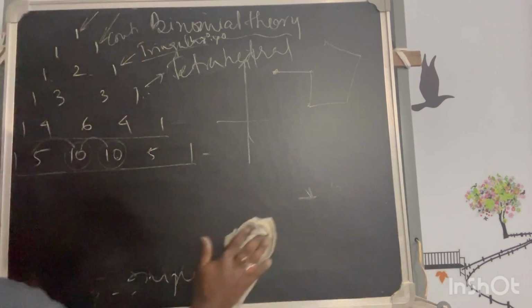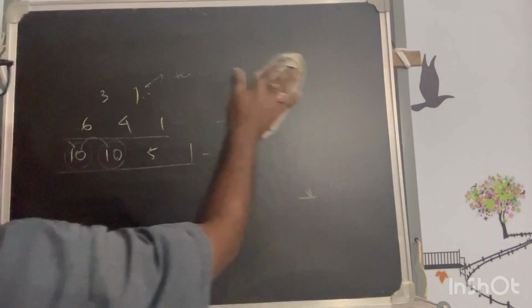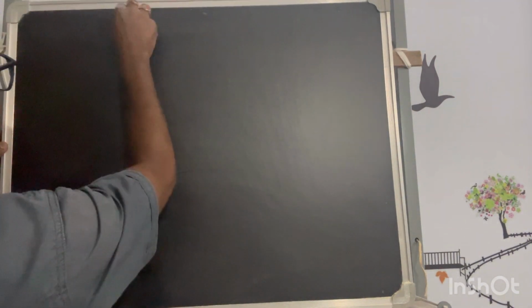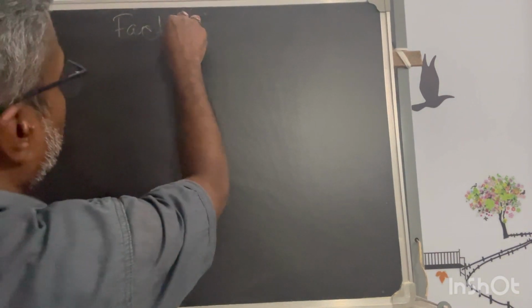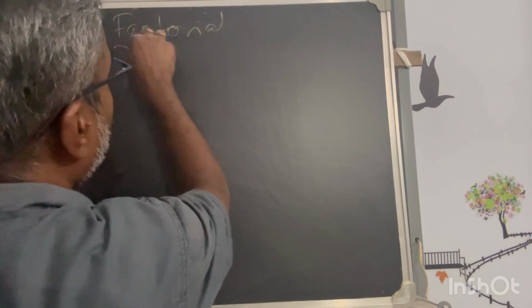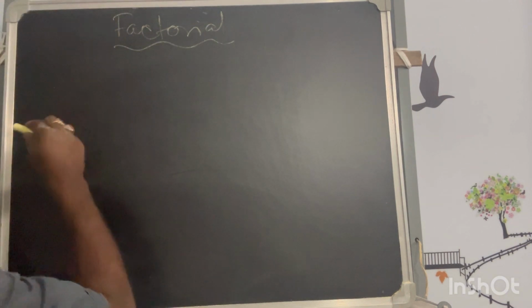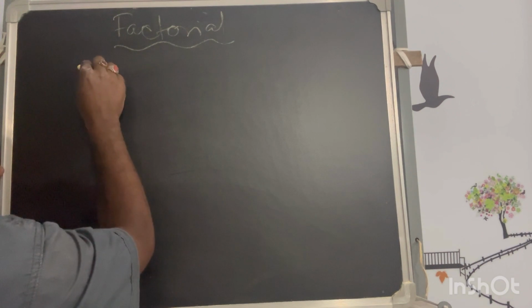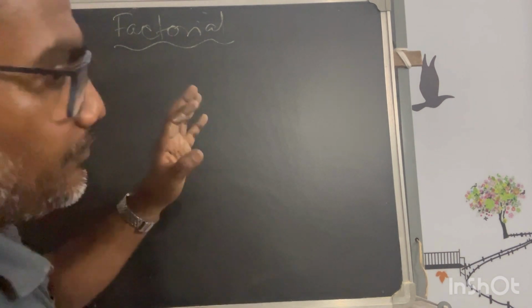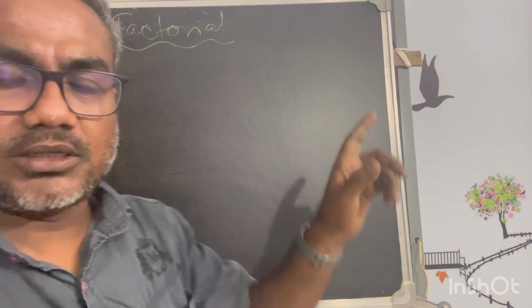The thing I will describe now is useful to describe a series if it is going very huge. The name of it is factorial. Okay, factorial is a very simple concept. That concept says: multiply all natural numbers till 1.